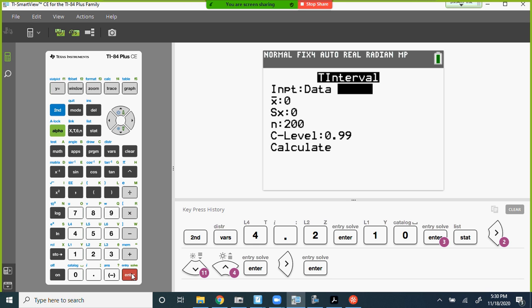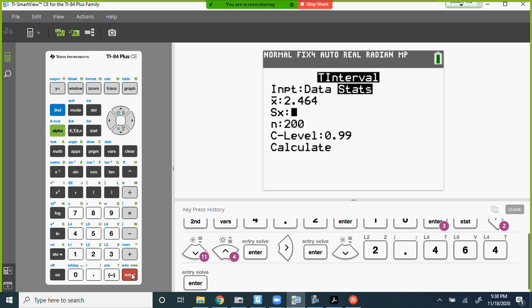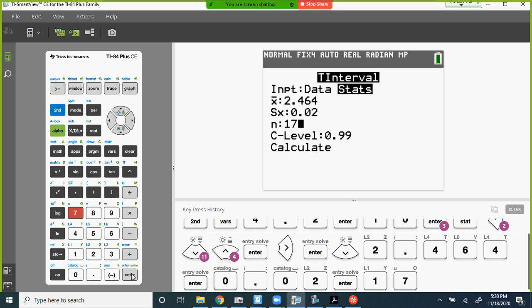Once you make sure that you're on stats, you arrow down. Looking at the example in our notes, we have x bar is 2.464. The sample standard deviation is 0.02. There are 17 in our sample, so n is 17.